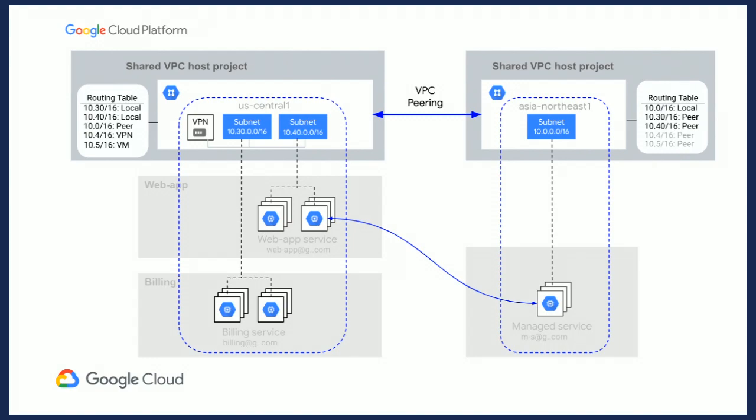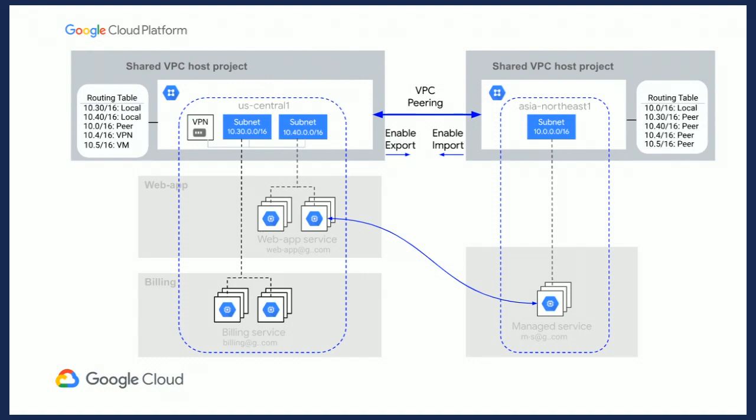And the second one, 10.5/16, is configured to go to a VM instance, and maybe you're running an appliance on the instance. On the peer side, that is in the producer project, you can see the default local route for the subnet in the producer VPC, and you can see the two peer routes for the subnets in the consumer VPC. But the custom routes are not visible by default.